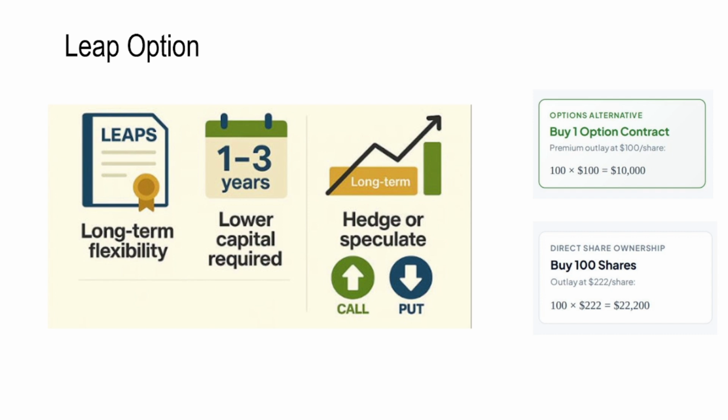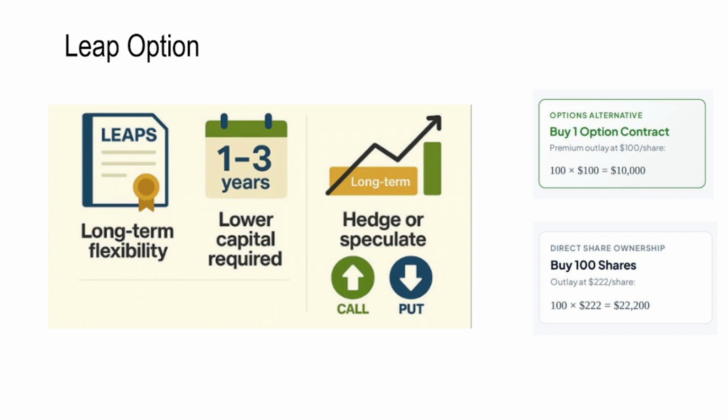Now, let's look at the math on the right side of the slide, and this is the real one. I'm explaining this on the basis of Adobe. If I were buying 100 shares of Adobe at the current price, which is 222 per share, I would be paying 22,200.